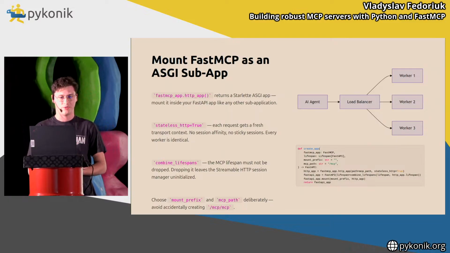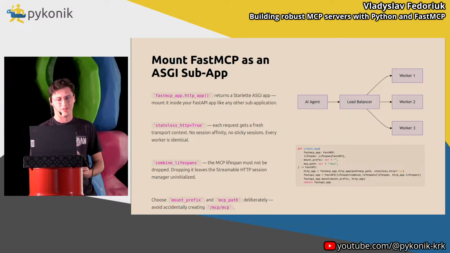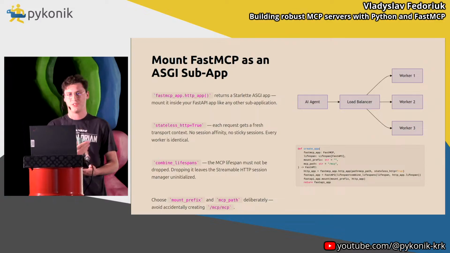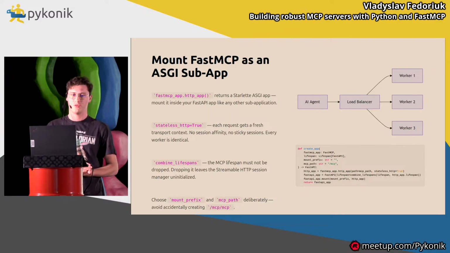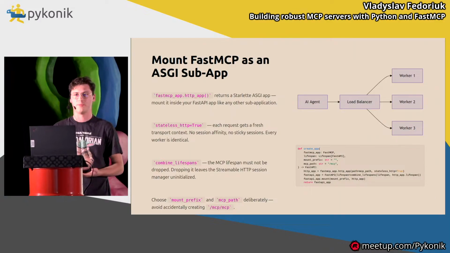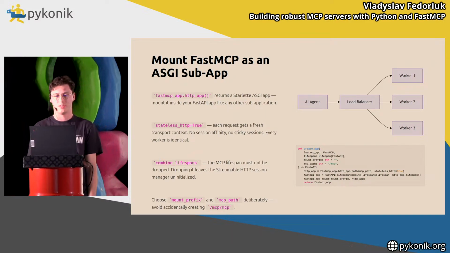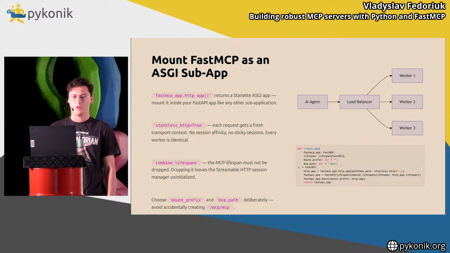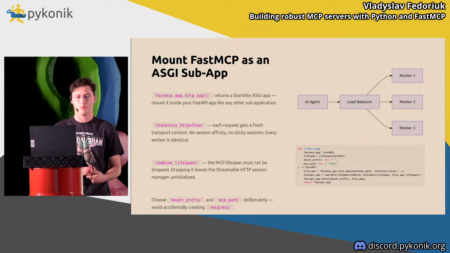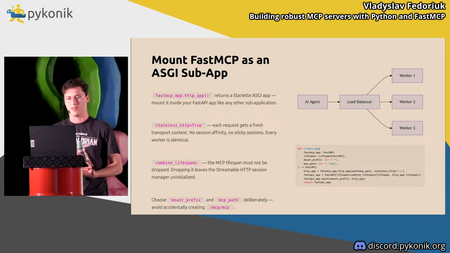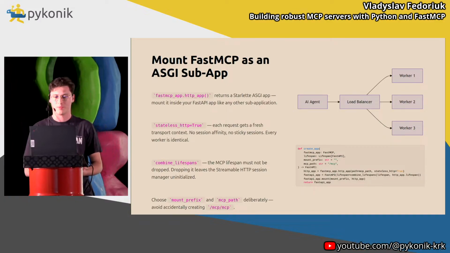Stateless HTTP true is necessary if you do not want to deal with cryptic 400 errors at night. Basically, if you want to scale up your deployment to use multiple workers, or to deploy in multiple containers or pods within a Kubernetes cluster, you would need to configure that. It means that a session would not be sticky and would not be tied to a specific process serving the request.